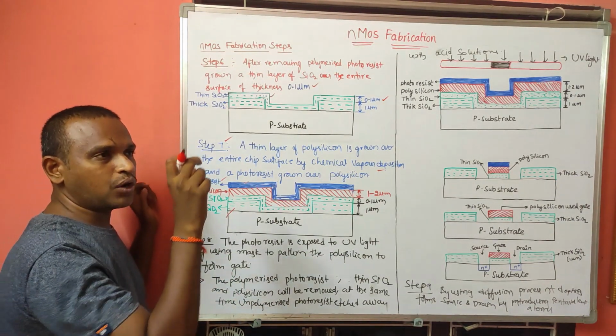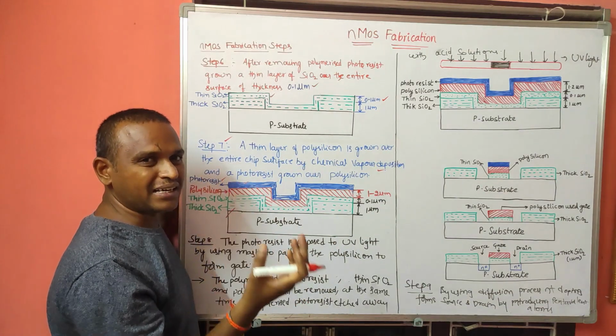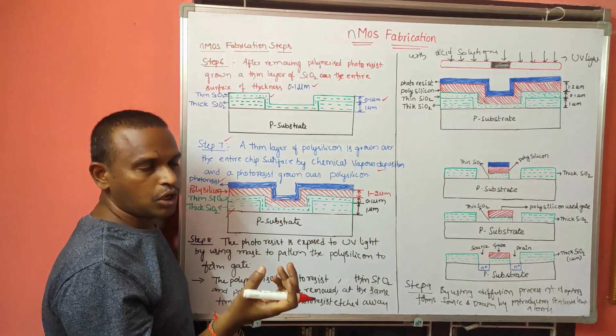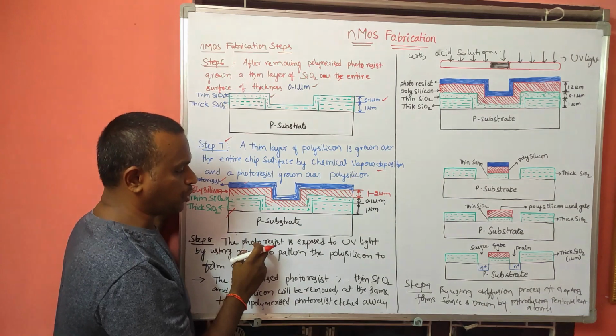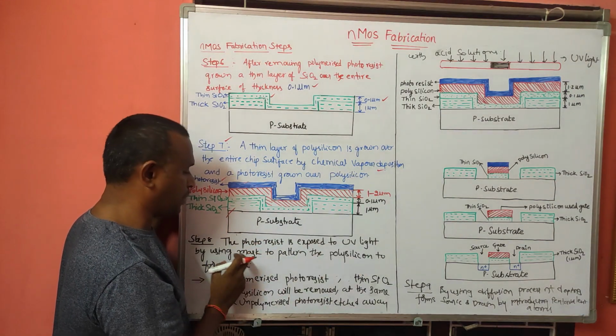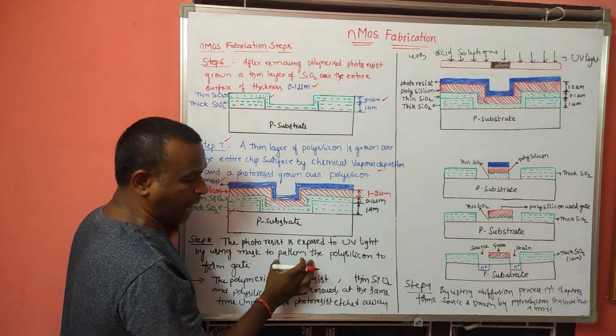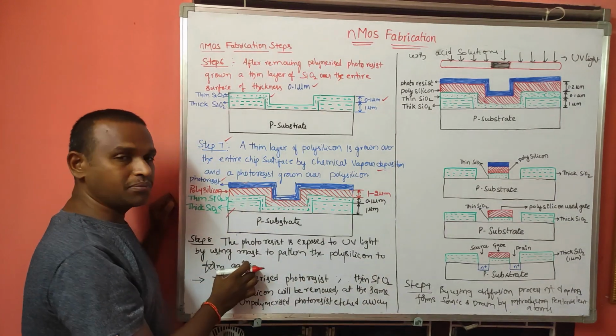Where we are going to form the gate will be patterned by using the mask. So the photoresist is exposed to the UV light by using the mask to pattern the polysilicon to form the gate.